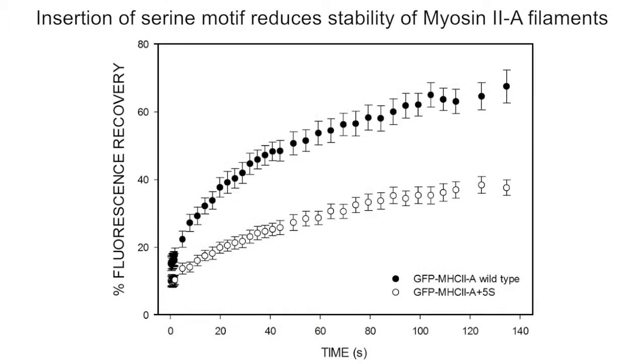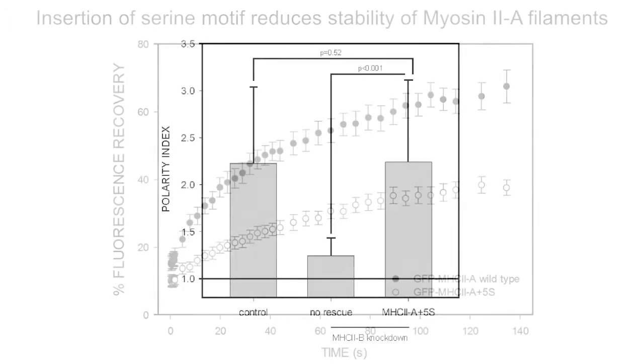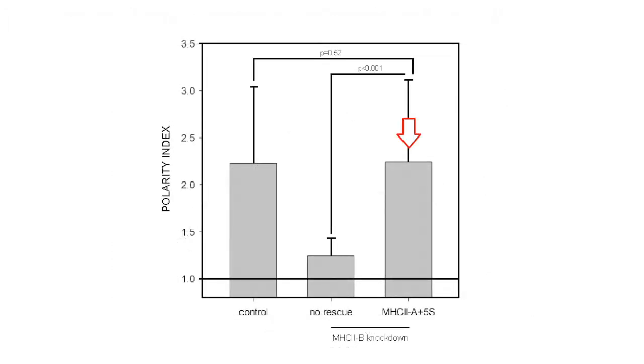And what was really a surprise for us was that the insertion of the same cluster in the equivalent position of myosin II-A would make myosin II-A behave exactly like myosin II-B, to the point of being able to restore myosin II-B deficiency. That was really surprising.